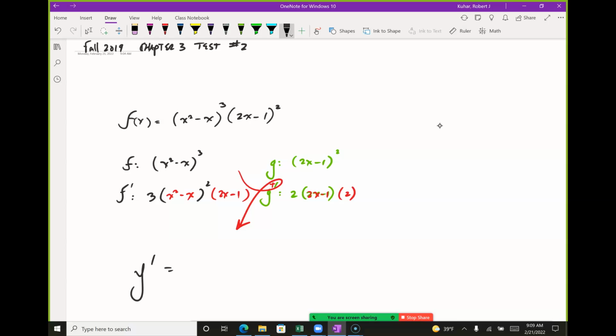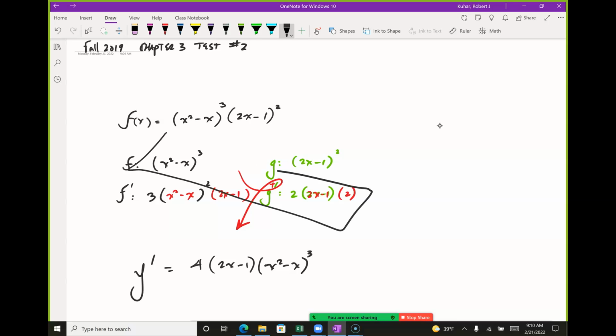I'm going to do it, in this case, in order. I've got 4 times (2x minus 1) times an (x squared minus x) quantity cubed. That was from here, just trying to put my coefficients first, plus 3 times a (2x minus 1) times a (2x minus 1) squared times an (x squared minus x) quantity squared.